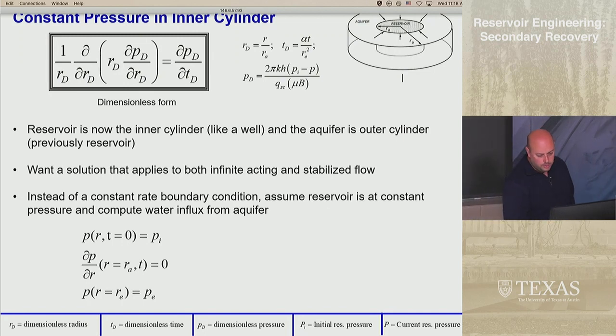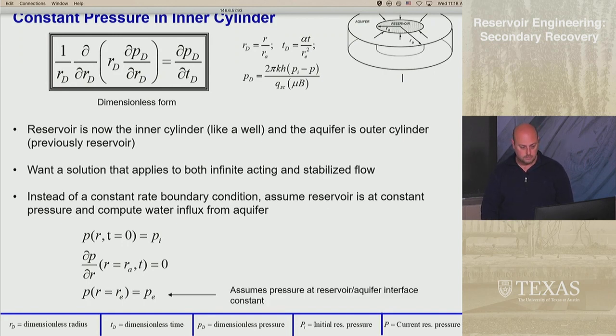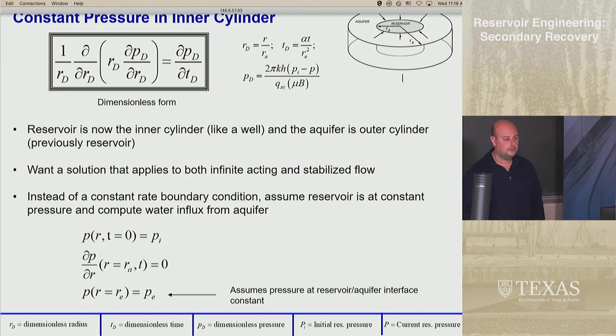But the most important new boundary condition is that we're going to assume in that inner cylinder the pressure is constant, PE, at least for a period of time. That's the pressure at the reservoir-aquifer interface, and that's going to be equal to a constant. That solution is completely different than the exponential integral solution.